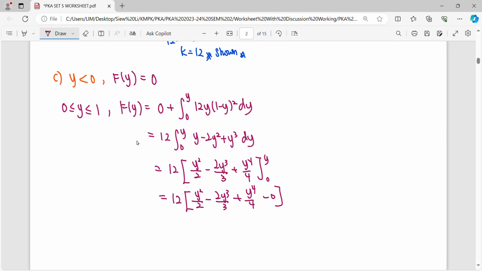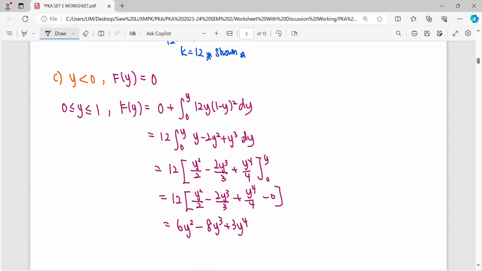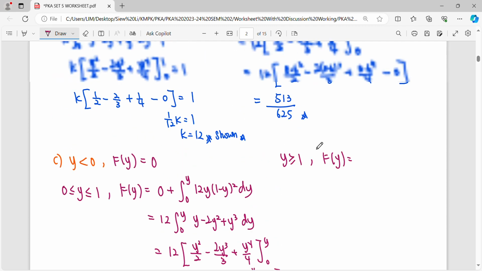Finally here we have, simplifying this, we get 6y squared minus 8y cubed plus 3y to the power 4. Then for the third stage here, where it is after 1, where 1 is not included, y more than or equal to 1, our F of y will be the before.